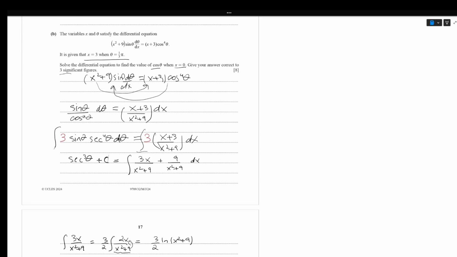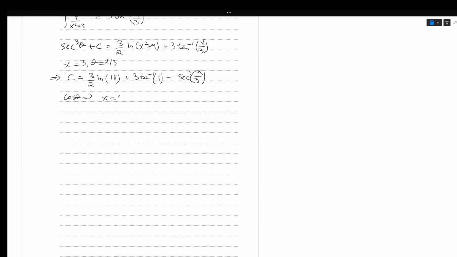अब हमें ढूंढना है cos theta when x is equal to 0. So it means कि पहले हम sec cube theta ढूंढते हैं, फिर हम बाकी cos theta वहाँ से ढूंढते हैं.